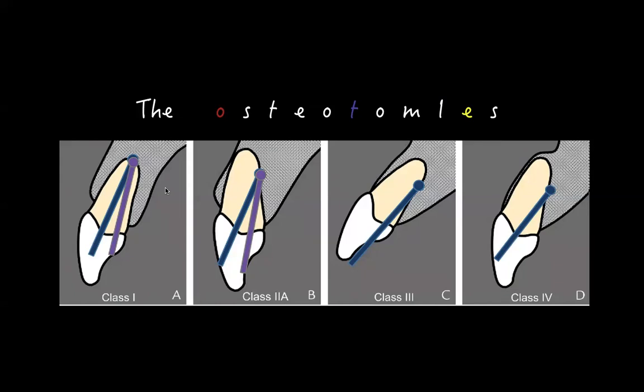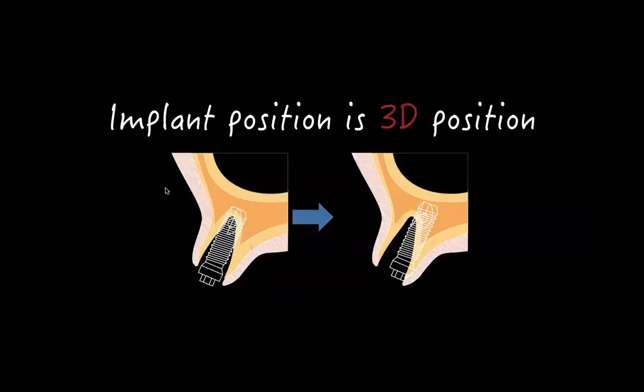So don't close your mind to saying, I will only do it cementable or a screw retain, but each one has its own criteria of how to go about doing that. So the implant position, generally in the past, we used to place an implant dead center.